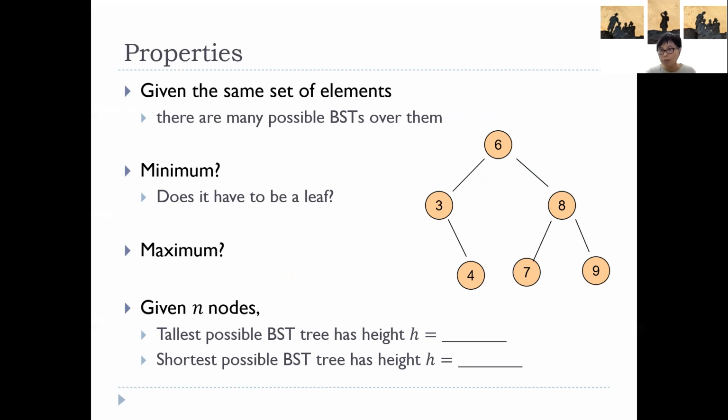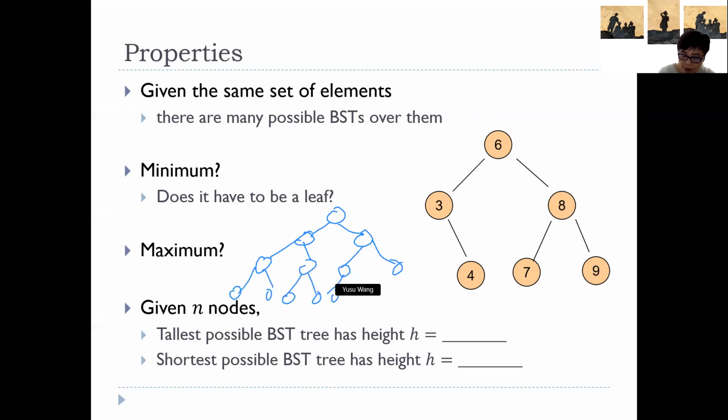Well, if you think about it, I want to make the tree as fat as possible. That means that everyone will try to use both children. So everyone has exactly 2 children, till I finish placing all the numbers.